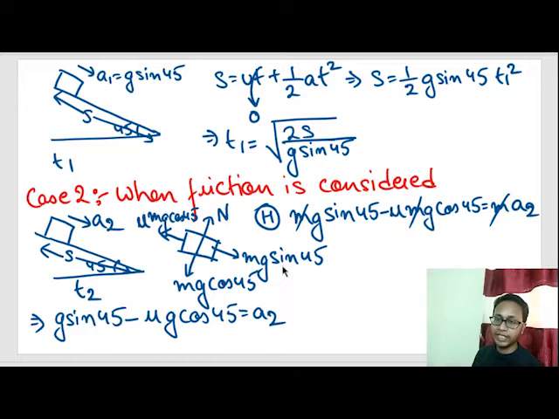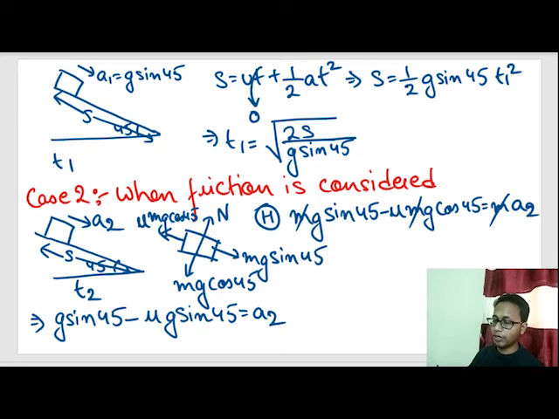In 45 degree angle, every value comes the same. Sine 45 is 1 by root 2, cos 45 is also 1 by root 2. I know this, that's why I can substitute cos 45 by sine 45. If you don't substitute, then also your answer will come the same.